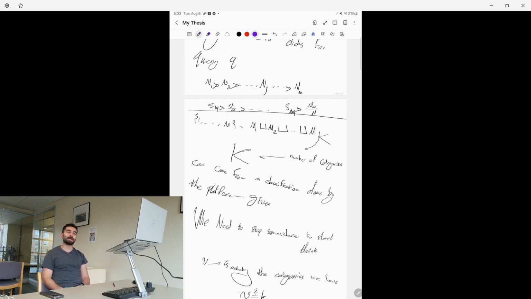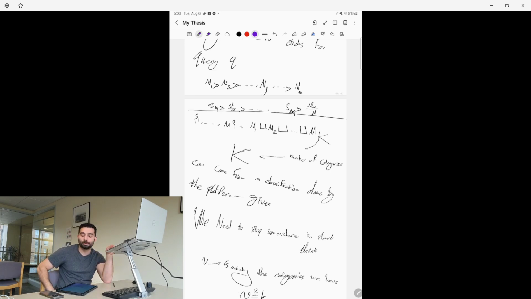So assuming that products are sorted based on their score is completely fine, but assuming that the platform is showing the products based on their categories is not true. Actually, this is not true.